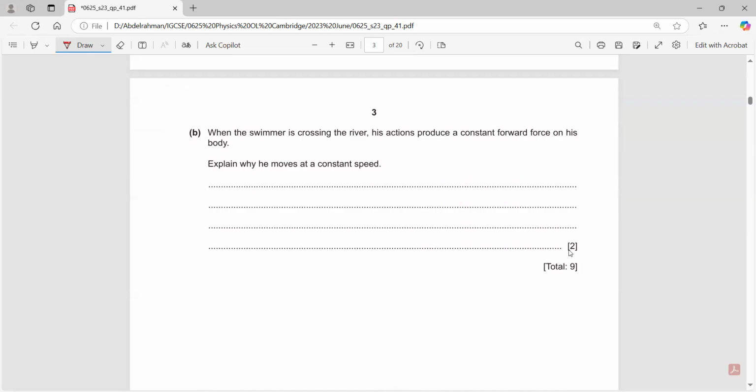So you have to say that the resistive force is equal to the forward force. Zero resultant force, zero acceleration. This is what we mean by a constant speed.